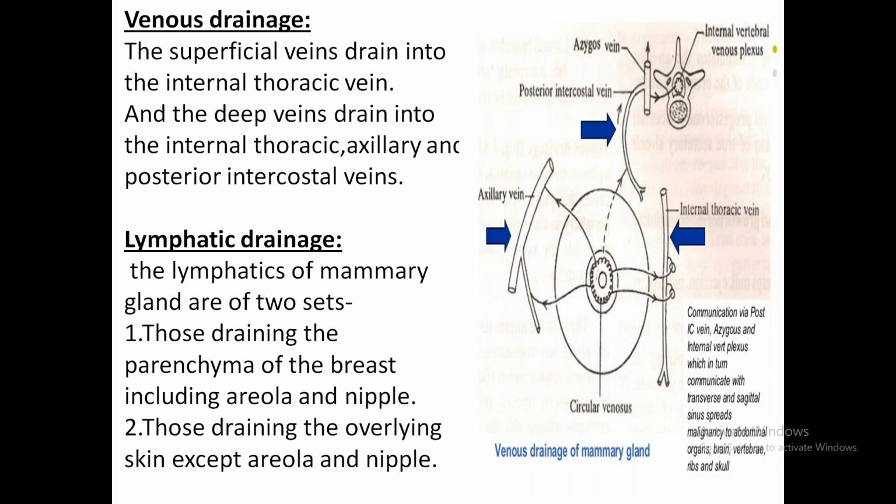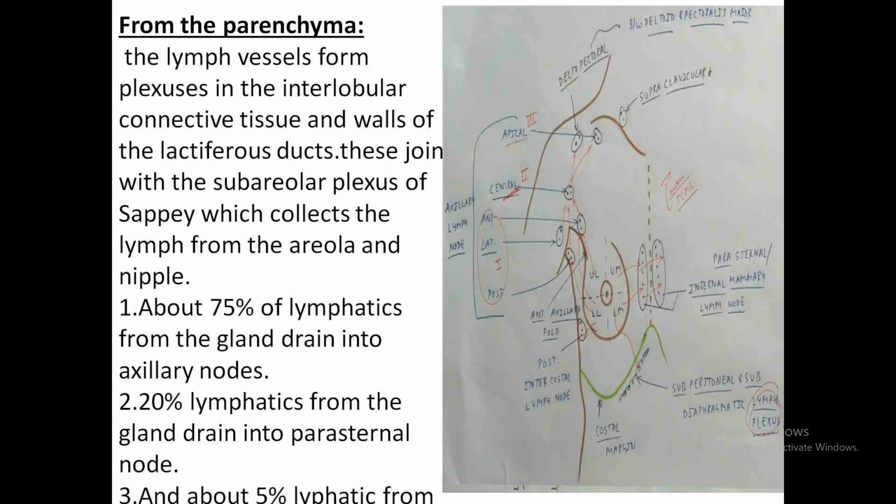The lymphatics of the mammary gland are of two sets: those draining the parenchyma of the breast, including the areola and nipple, and those draining the overlying skin, except the areola and nipple. From the parenchyma, the lymph vessels form a plexus in the interlobular connective tissue and walls of the lactiferous duct.